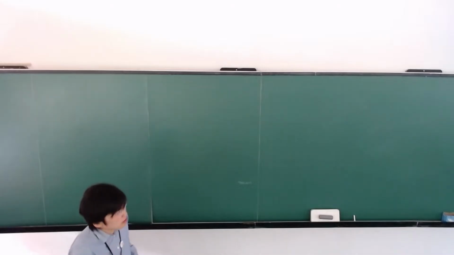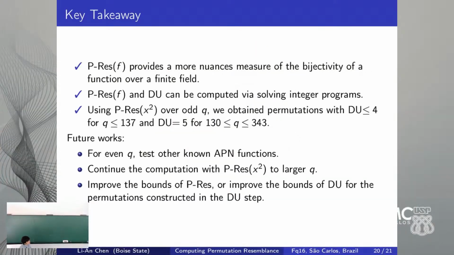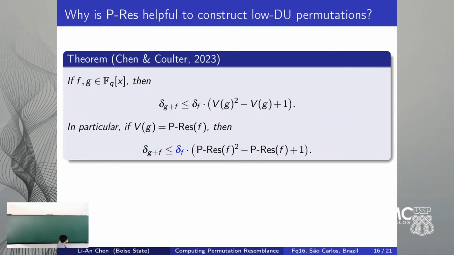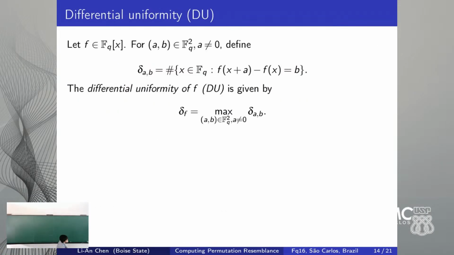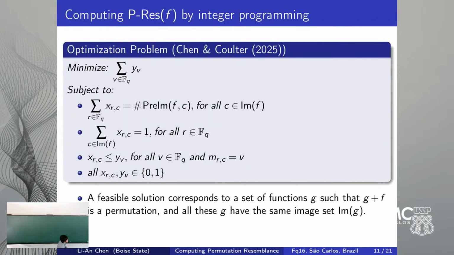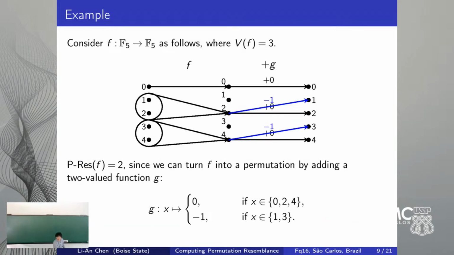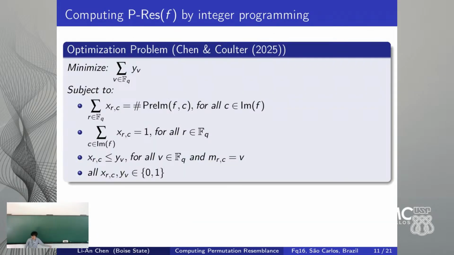So here, because I'm looking at f minus h where h belongs to all the permutations, if I already take the permutation itself, then PRES will just be 1. That would not be interesting in my computation.